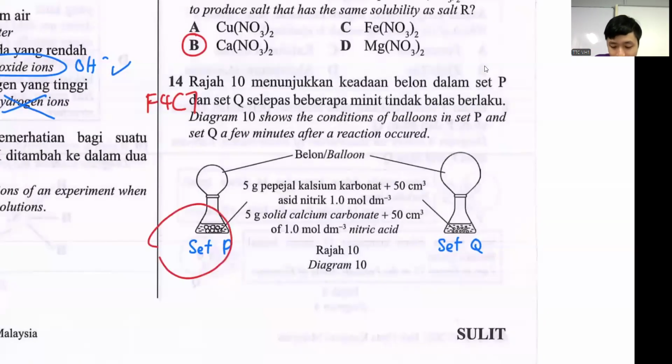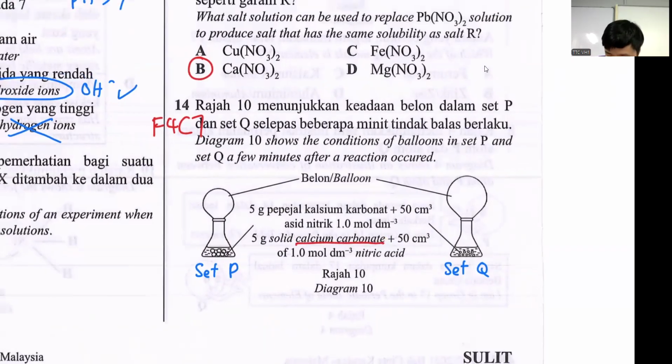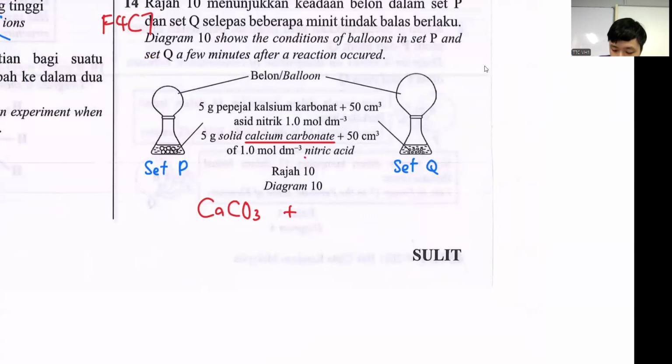The first one is set P. Then this one is set Q, at the right. Here they told you already, inside there is solid calcium carbonate, which is CaCO3, and it reacts with nitric acid, HNO3.